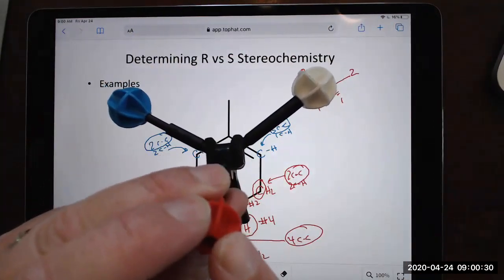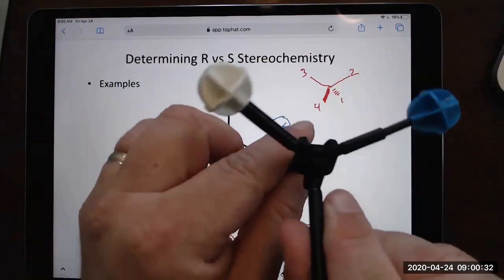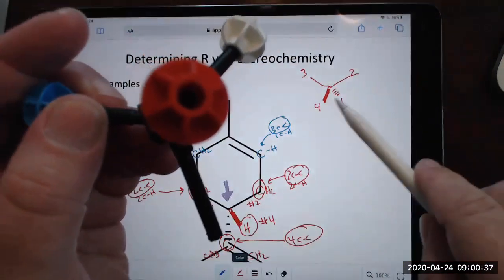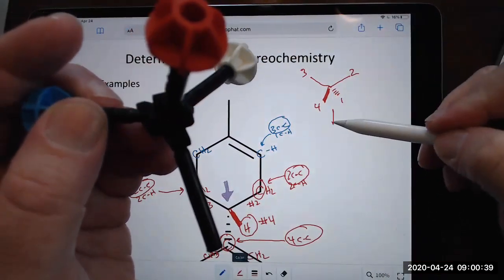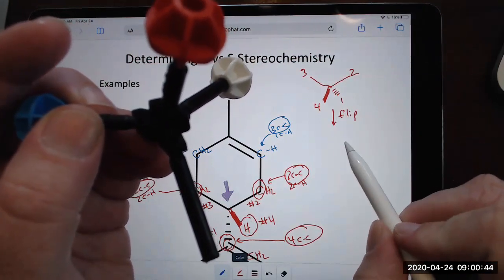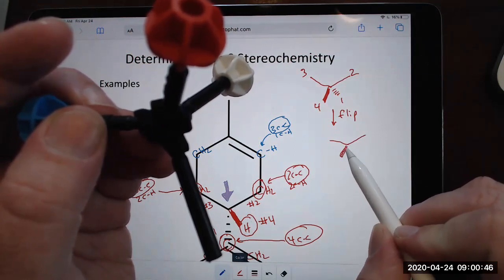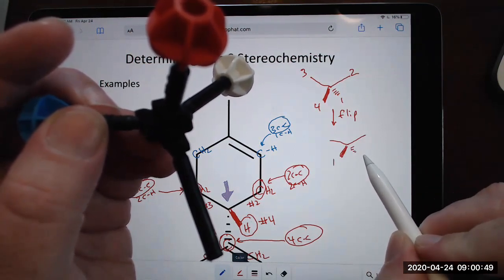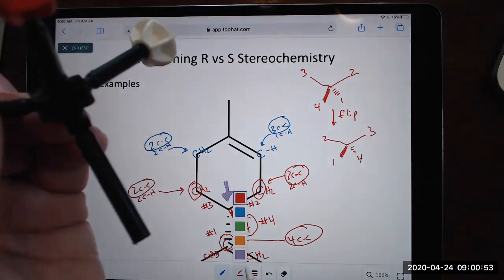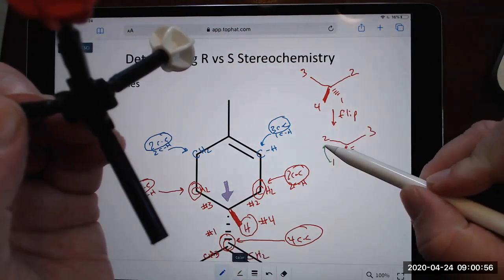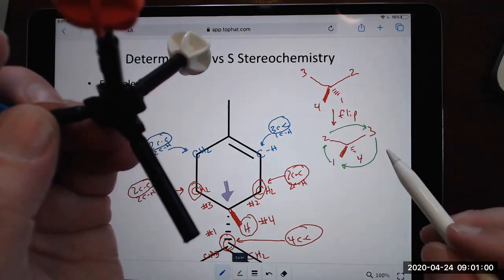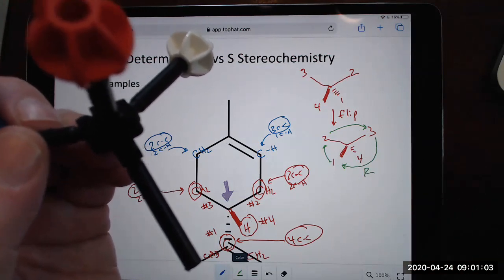So if this is 1, 2, 3, we're going to have to flip it. When this flips, those 2 flip as well. And so it then goes 1, 4, 2, 3. Notice how it's going clockwise here, so it makes this R.